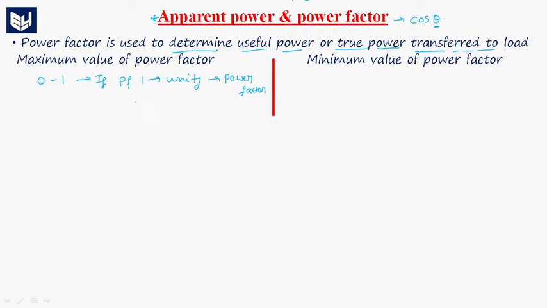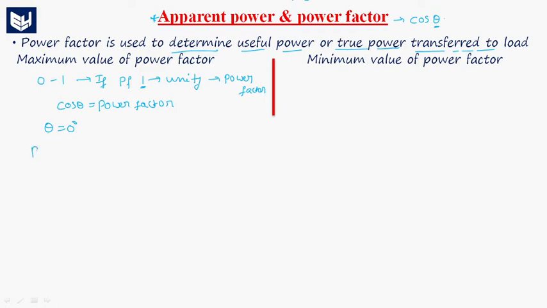So, when can we get power factor 1? Cos theta is the power factor. Cos theta becomes 1 when theta is equal to 0 degrees. What is theta?